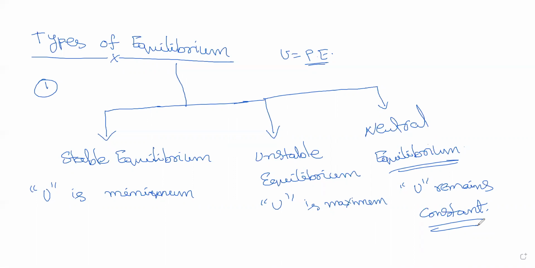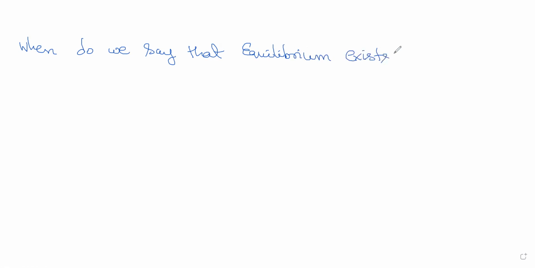Yes, sir. Okay, good. Now, how do we deal with equilibrium? When do we say that equilibrium exists? Equilibrium exists when F net is 0.